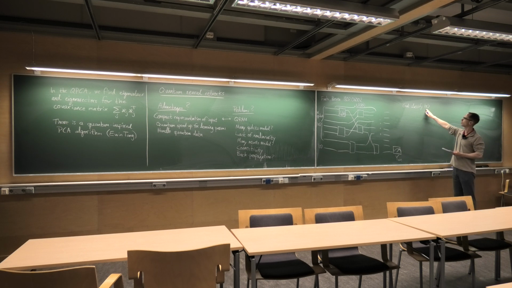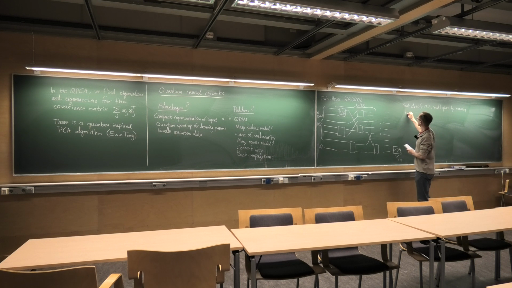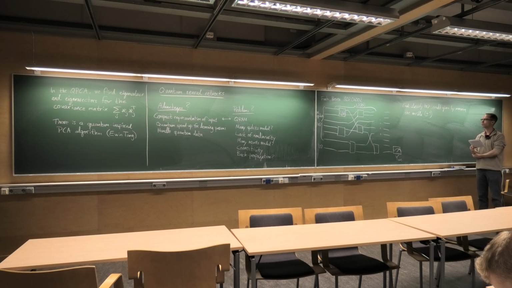It classifies this input state Z as belonging to one of two classes. The result is given by measuring the ancilla, and you get plus or minus 1. That's your two classes. And maybe you need to run this circuit several times to get statistics. Maybe on average you get plus 0.8.